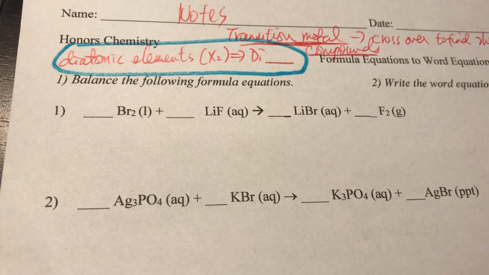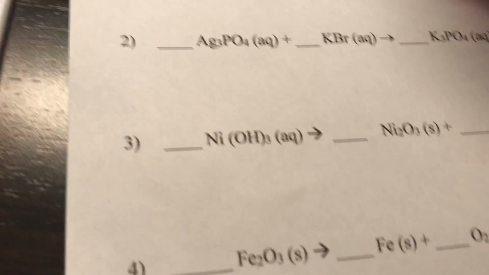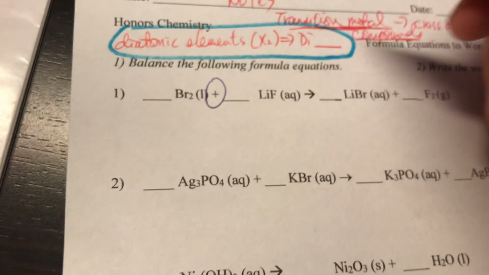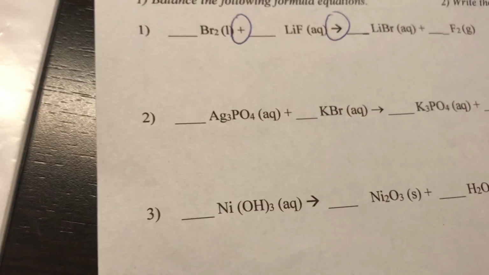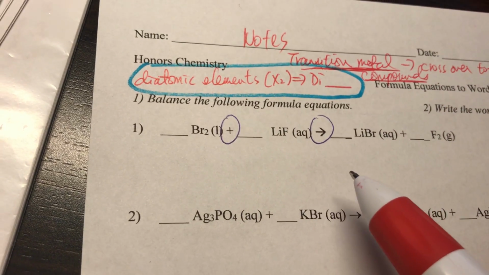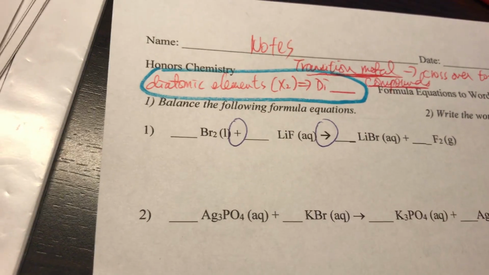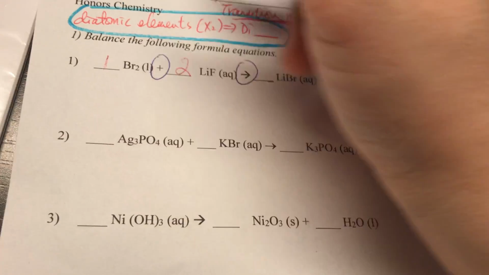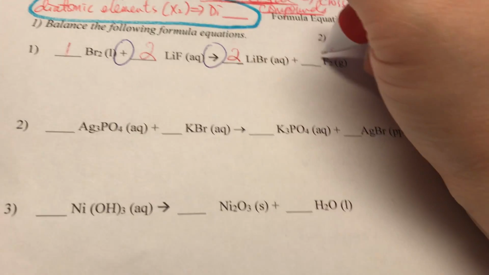That means we have two reactants. So we circle the plus and circle the arrow. It means we will have react with and to yield or to produce. The balanced equation, I'm not going to repeat that. Here it is 1, 2, 2, 1.